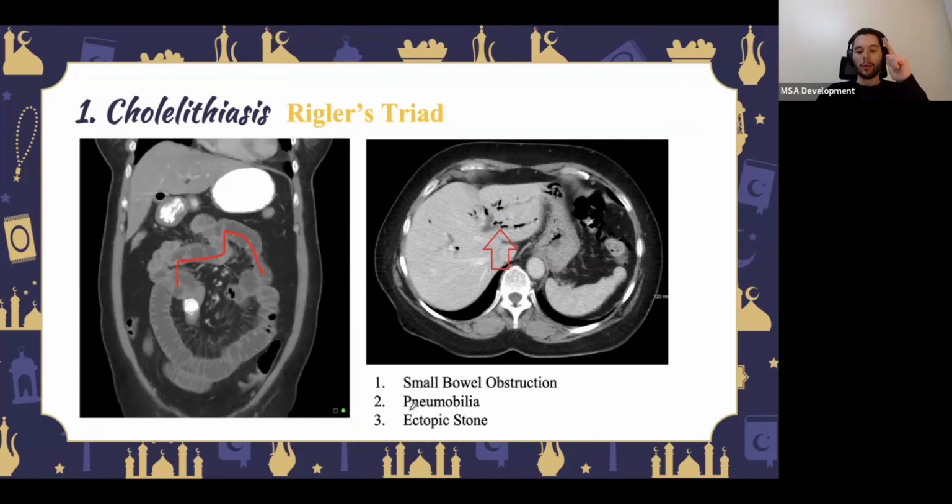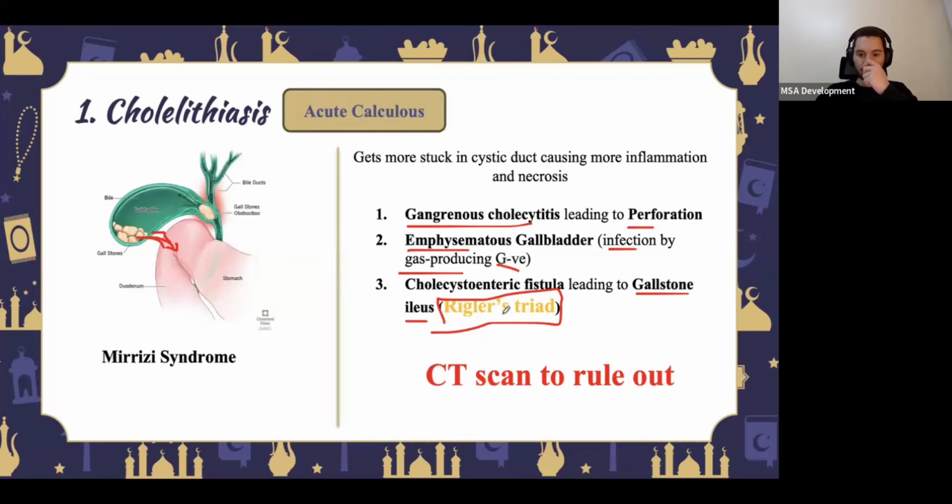Two, there is pneumobilia. Pneumo is air, bilia in the biliary tree. So over here, you can see air entering into the biliary tree. Three is an ectopic stone. Over here, you can see a very well-demarcated ectopic stone. And so all those three together indicate there has been a fistula connecting the gallbladder to the intestines, and there has been a gallstone ileus.